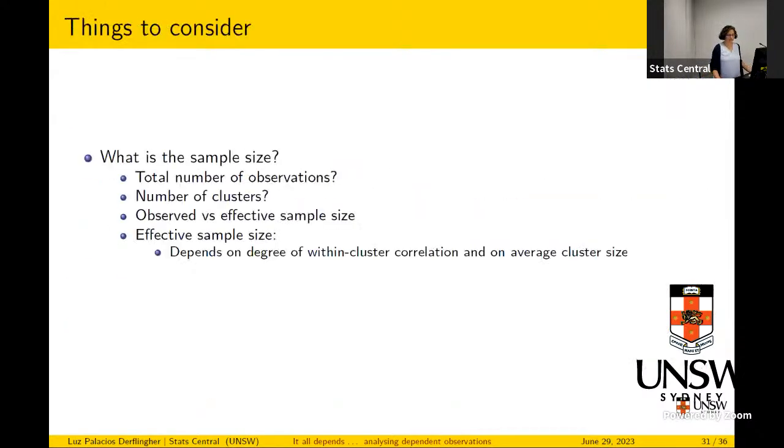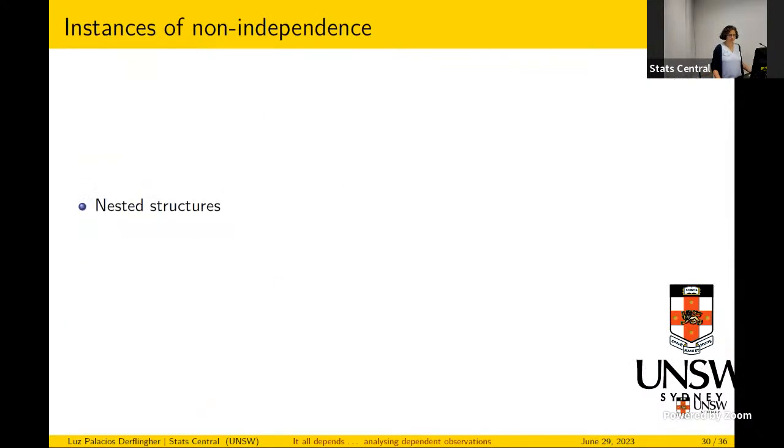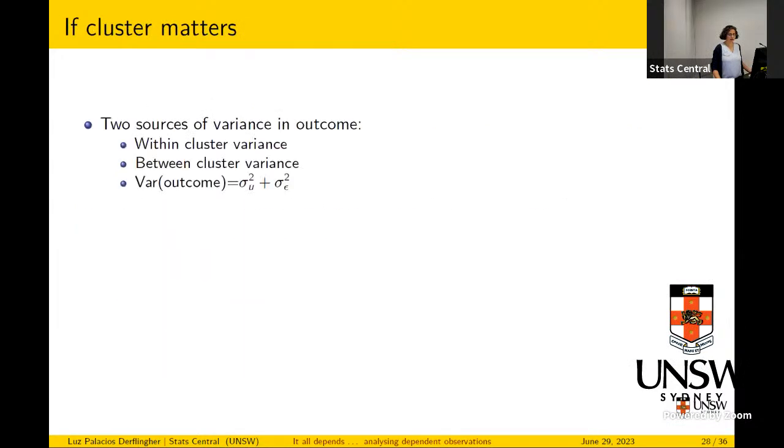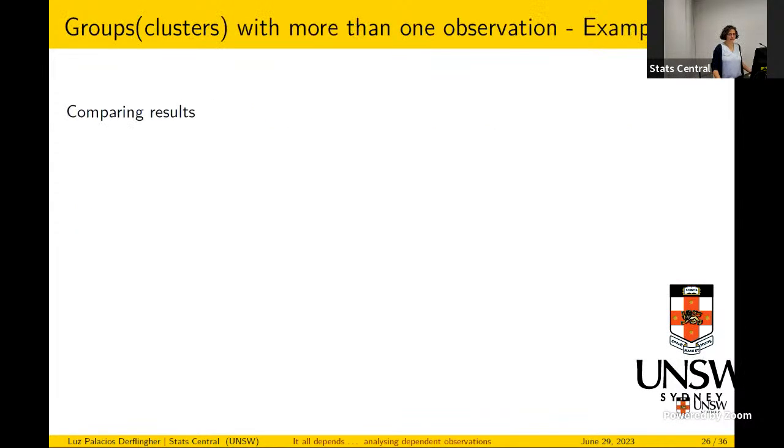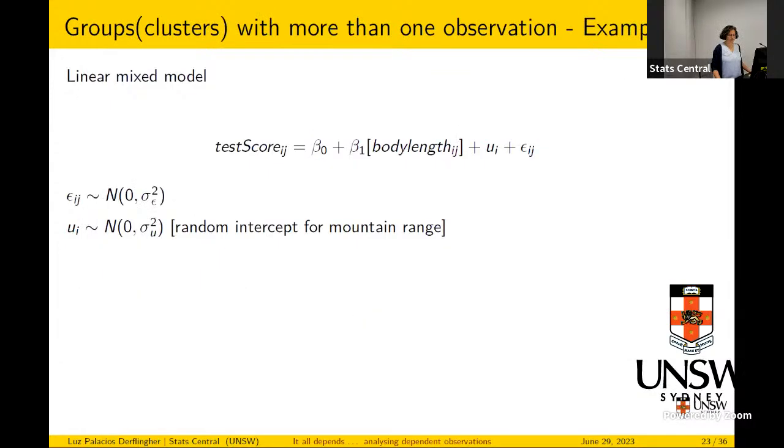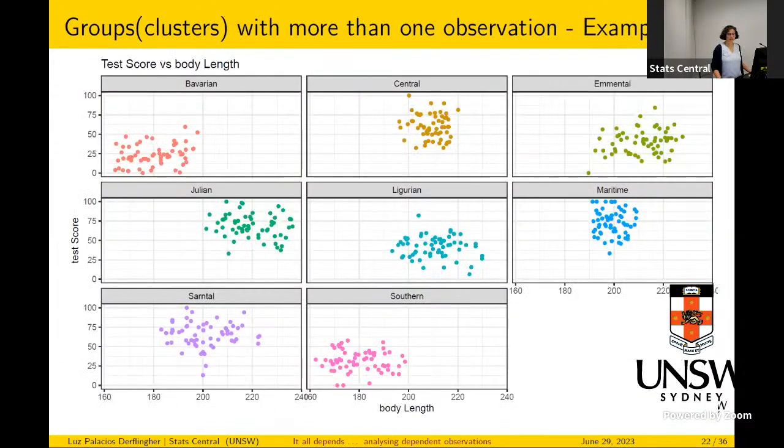Back in this dragons example, I only used the random intercept, but if you look here, maybe you could say that each mountain range has a different slope, right? You could argue that each one could have a different slope. This one might have a slope of 0, whereas this one does not.